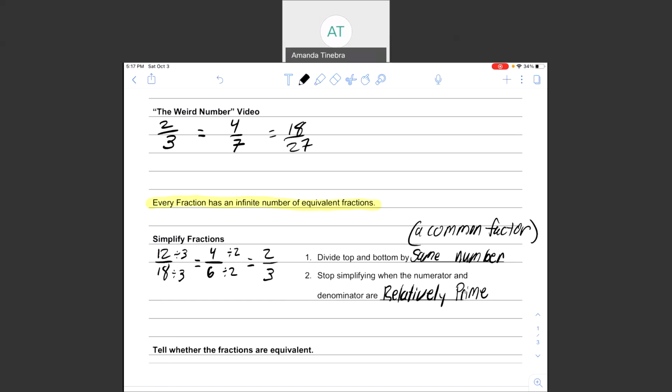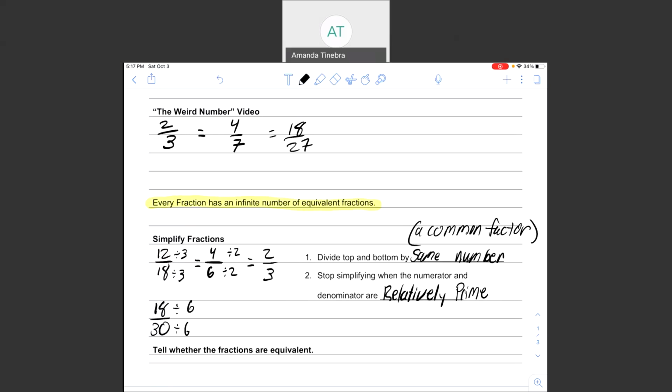Okay? For another example, we could do 18/30. If I wanted to simplify this, I want to come up with a common factor so that I can divide both 18 and 30 by. Again, there's a couple different options. I know 2 goes into both. I know 3 goes into both. I see that 6 goes into both.